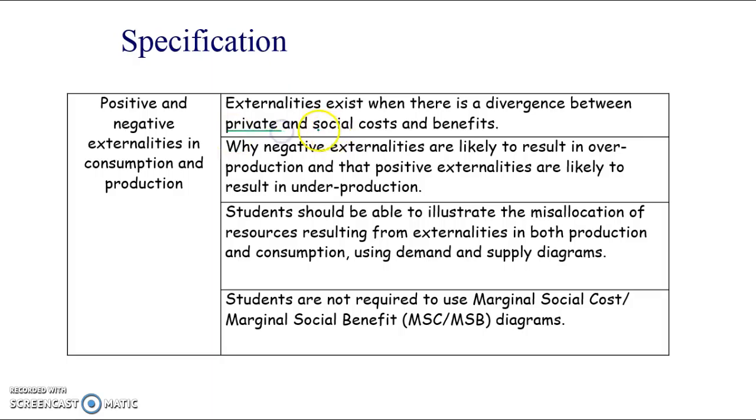Yep, we're looking at negative externalities, so there's a difference between the private and social costs because there's an external cost. We've seen that through these diagrams it results in overproduction and overconsumption, and we've looked at using demand and supply diagrams to show these negative externalities in production and consumption.